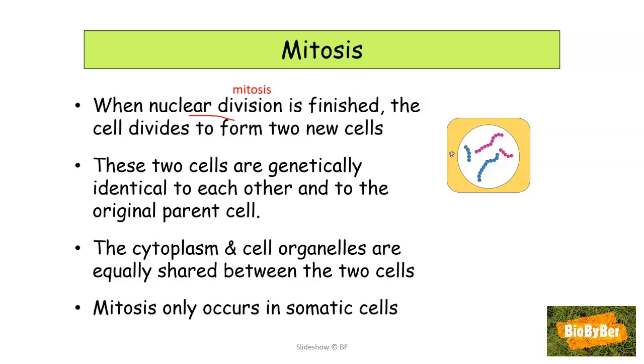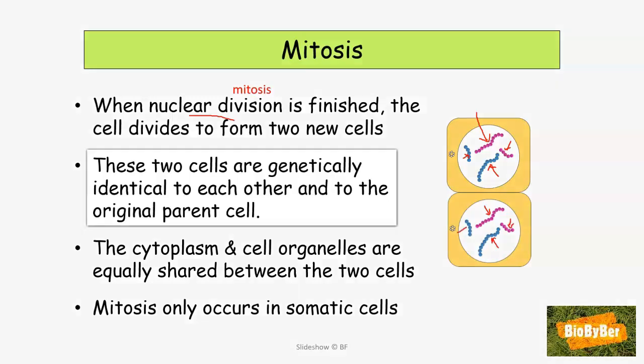If we start with a cell with 4 chromosomes, then that cell will divide to form two new cells, each of which are genetically identical to each other, meaning that we started with a cell with 4 chromosomes, we're ending with 2 cells with 4 chromosomes that are identical to each other. 1, 2, 2 long ones, 3, 4, and exactly the same case here, 1, 2, 2 long ones, 3 and 4.